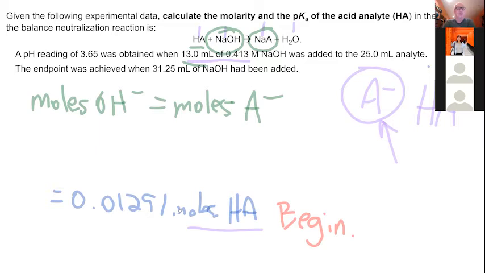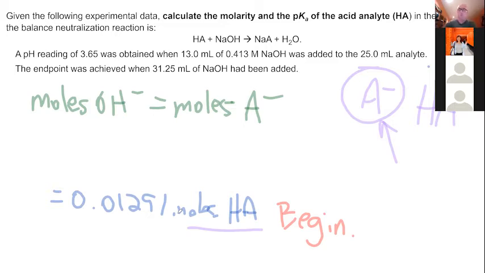So how do I figure out how many moles of hydroxide are present when there's 13 mL of 0.413 molarity hydroxide added? Multiply. What do I multiply? The concentration of NaOH by what? The volume. What volume? 13 mL. Right, that's the volume of the hydroxide that was added. That's correct.